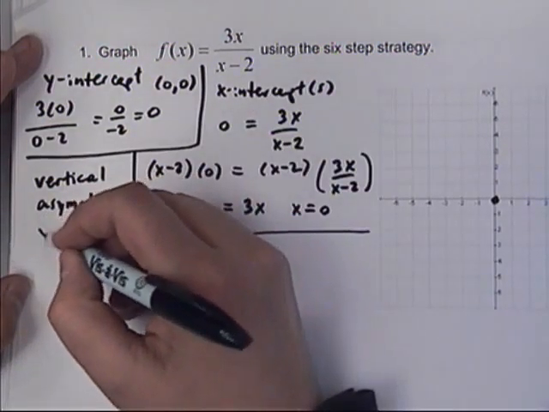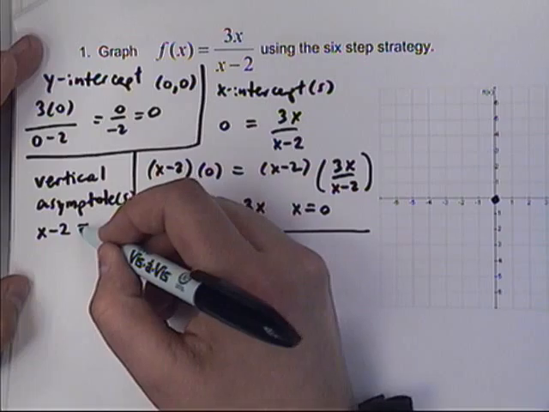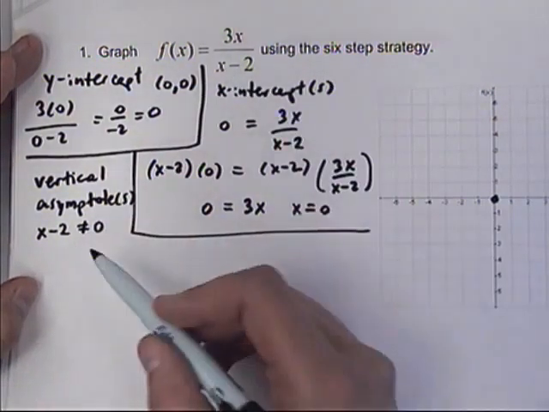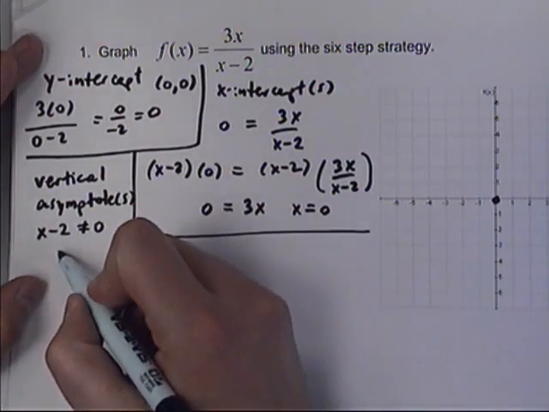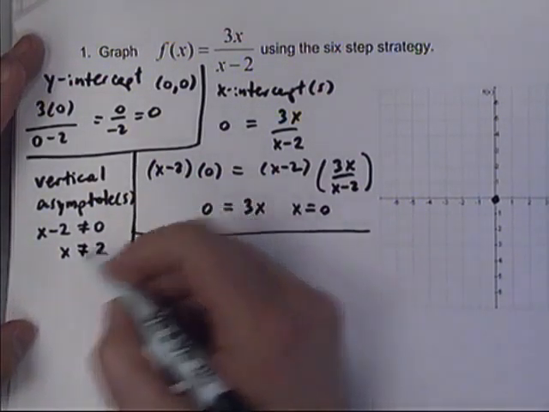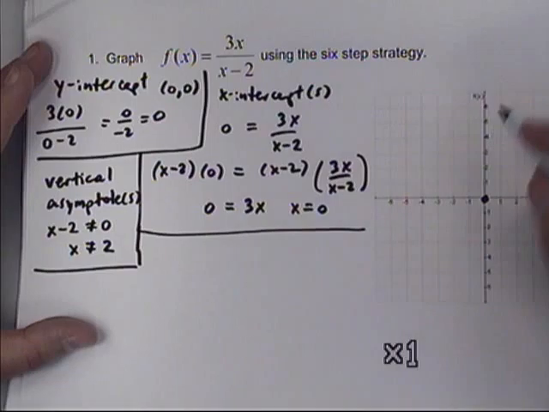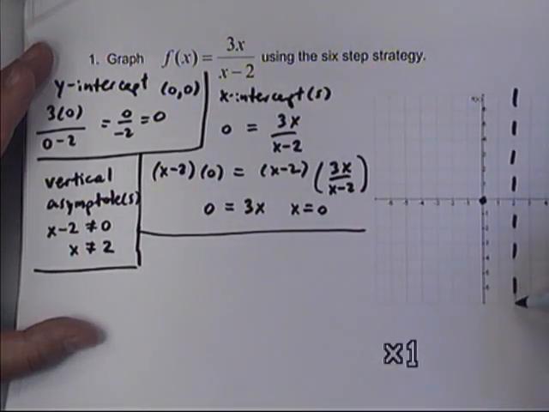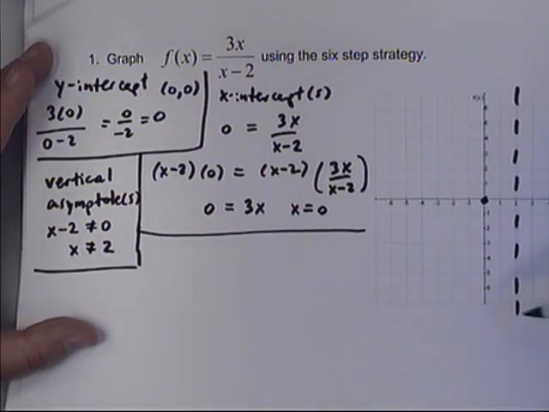X minus 2 in the denominator cannot be equal to 0, which is true, you can't divide by 0, and that will help us find our vertical asymptote. Obviously, we just add 2 on both sides, and we have the new statement, x cannot be 2. So if x cannot be 2, then on our graph there must be this little invisible line that the graph cannot cross through, called our vertical asymptote at x equals 2.